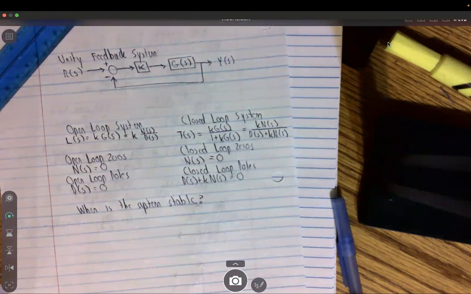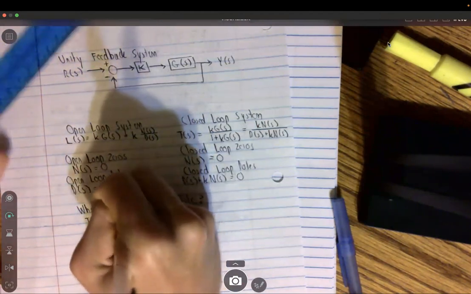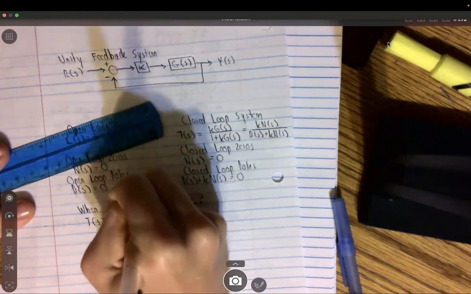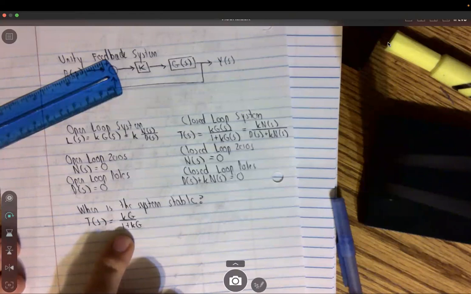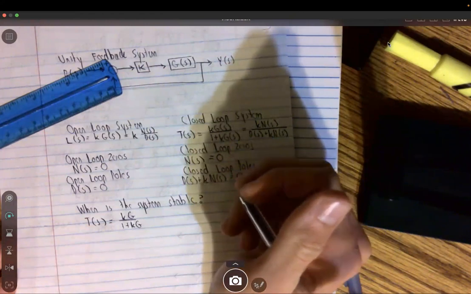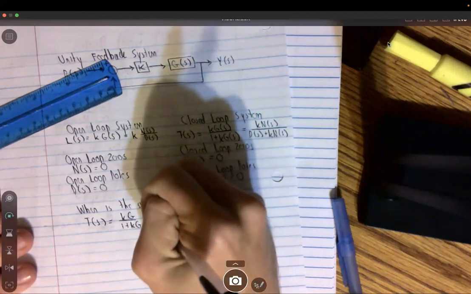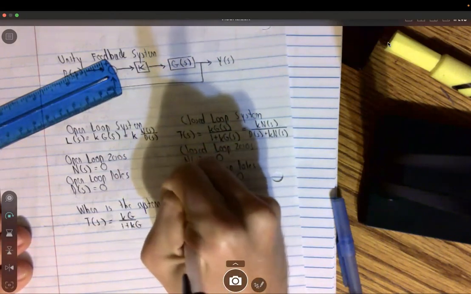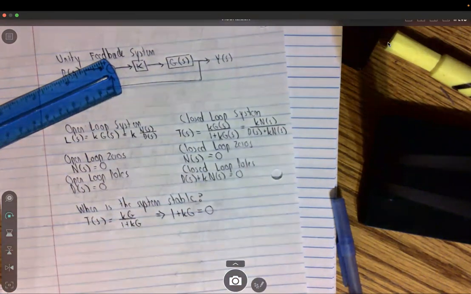And so for the closed loop system, our T of S is equal to K G all over 1 plus K G. And remember, it is going to be stable when we're looking at the denominator here, making sure that's not a divide by 0. So we don't want any of our poles to be in the right-hand plane. And so in order to determine stability, 1 plus K G is going to equal 0. From the denominator, we set that equal to 0.